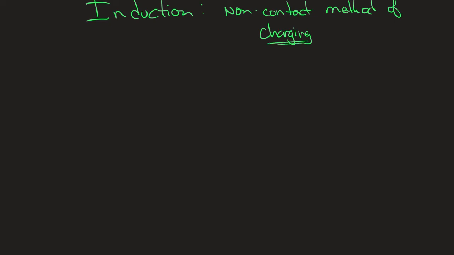So what happens in the material, typically again a conductor, and let's do it in the metal plate that we saw in lab. There was this metal plate that had an insulating handle on it, and we had an object that was an electrophorus.